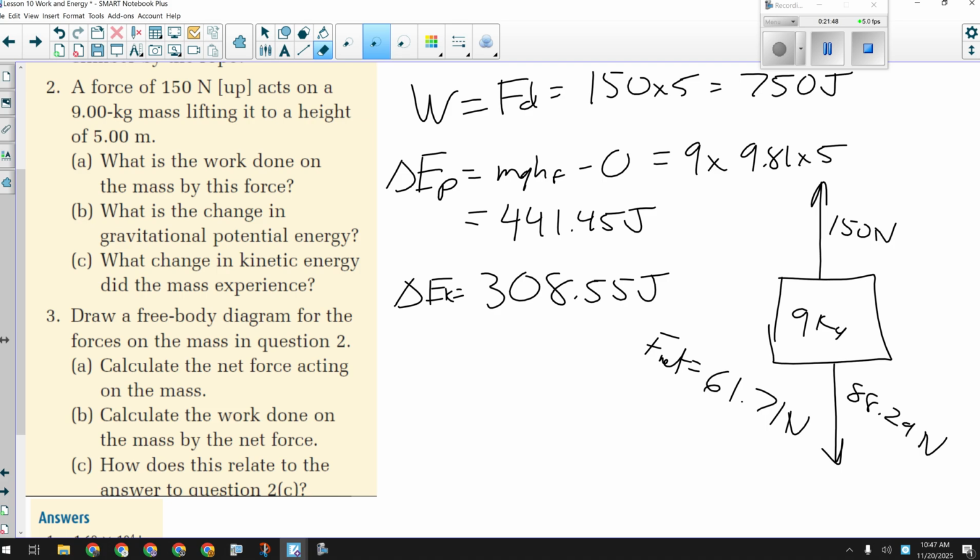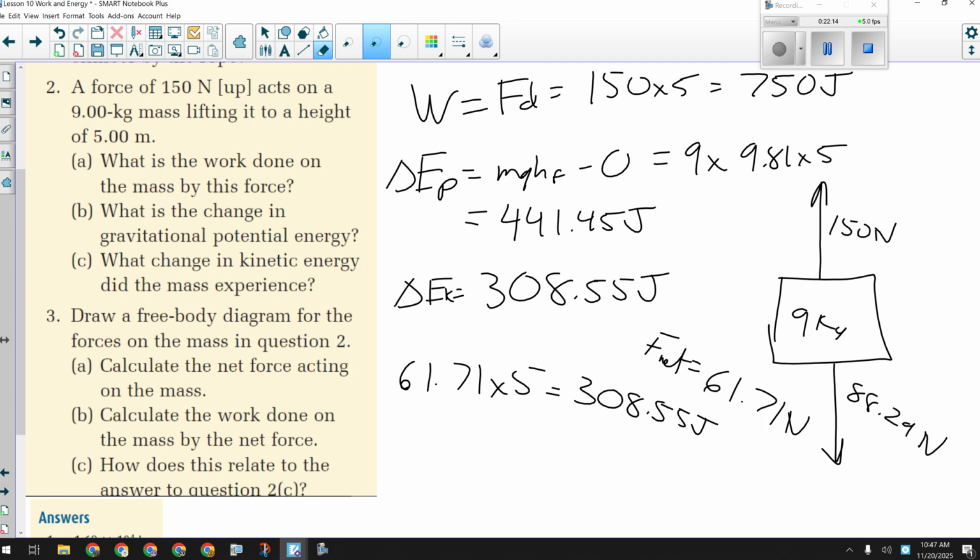That's why, in B, where they ask you to calculate the work done on the mass by the net force, not the total force, the net force. If I take that 61.71 newtons and multiply it by the 5 meters, lo and behold, I get 308.55 joules. Exactly the amount the kinetic energy changed by.